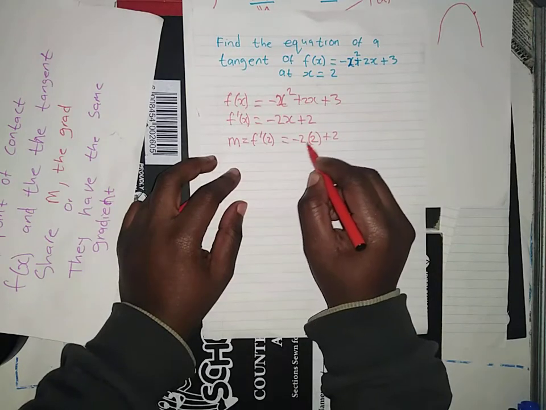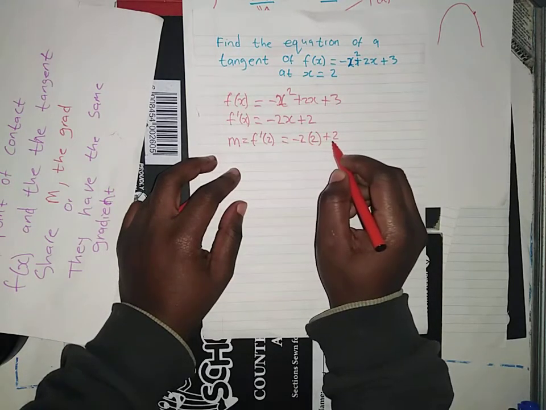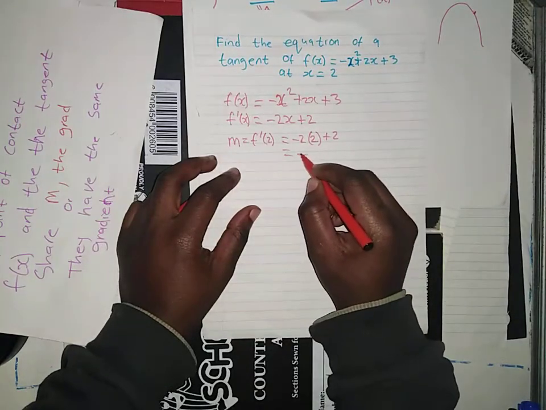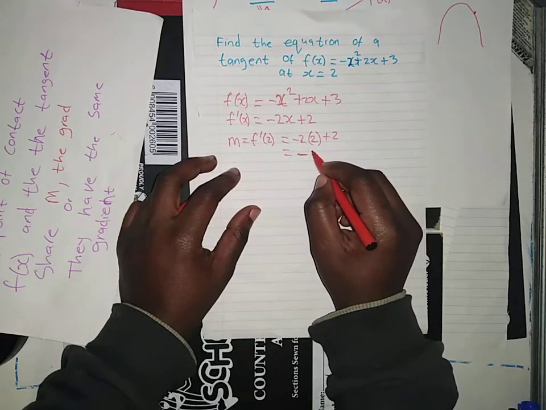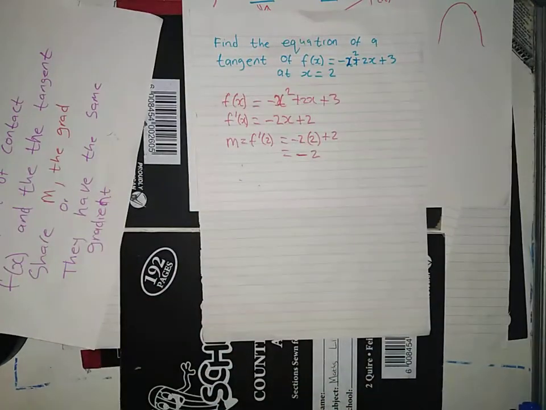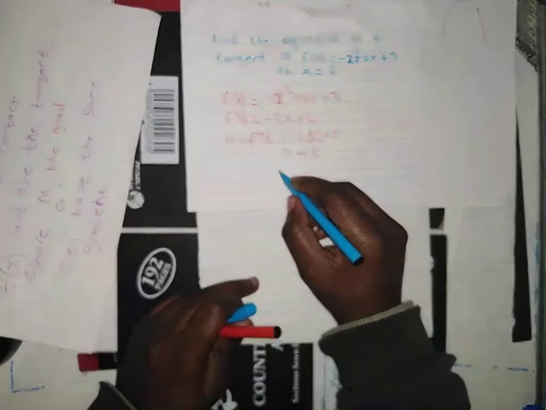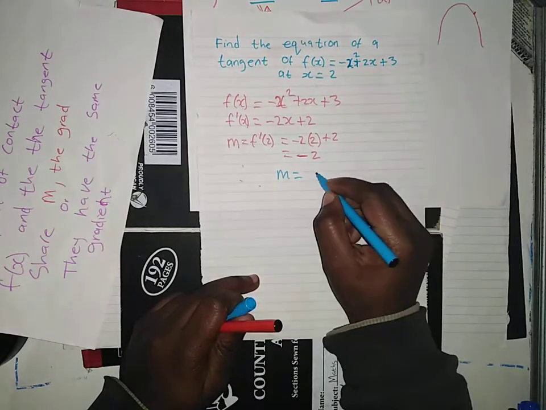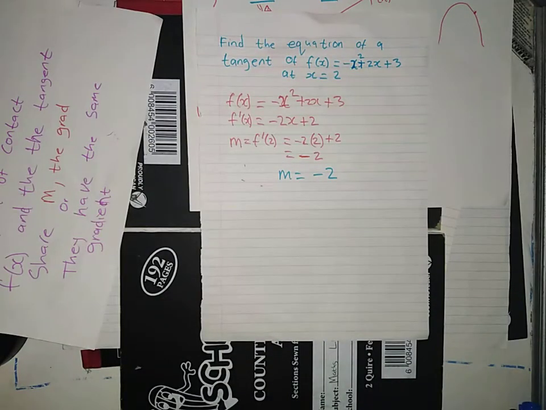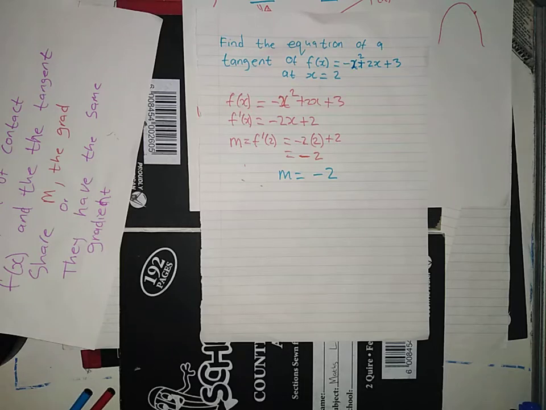Minus 4 plus 2 is going to be minus 2. Therefore, my m is equal to minus 2. Does that make sense? So I've got m, which is minus 2.